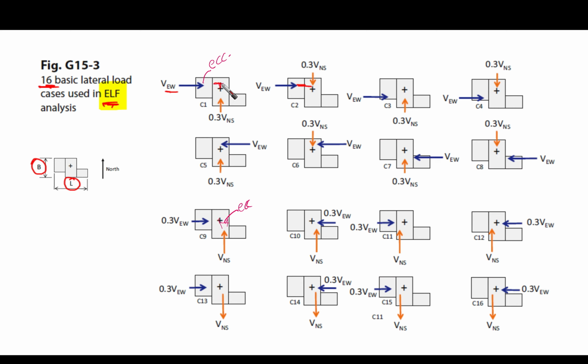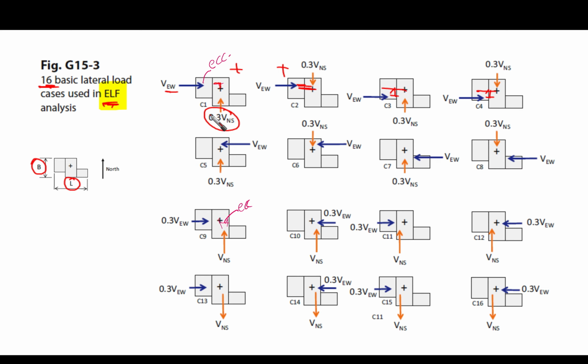And the others, so here they are from the east with the eccentricity. This is positive eccentricity here, above the center, and here it is below the center. Okay, so we have 4 cases. And in these 4 cases, the orthogonal load effect is going to be 0.3 of the VNS, which is the earthquake load in this direction, 0.3 of it.